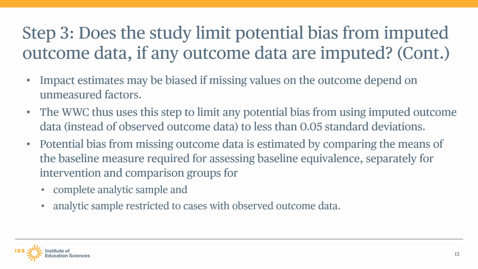The first sample is the complete analytic sample. The second sample is the analytic sample restricted to cases with observed outcome data. A smaller difference in these two means within one or both conditions lowers the likelihood that the missing data are related to factors that lead to bias in the impact estimate. Appendix H in the handbook provides additional technical detail for those who are interested.